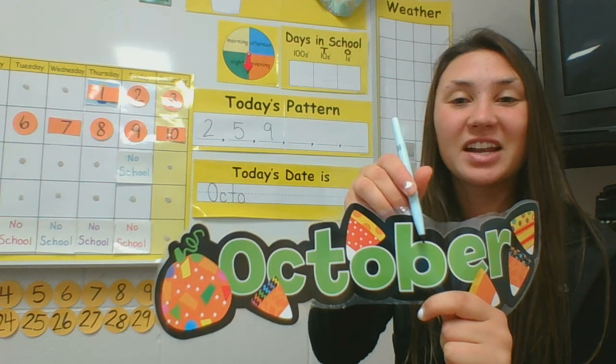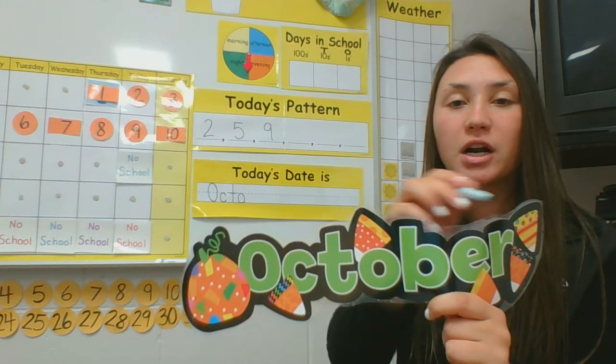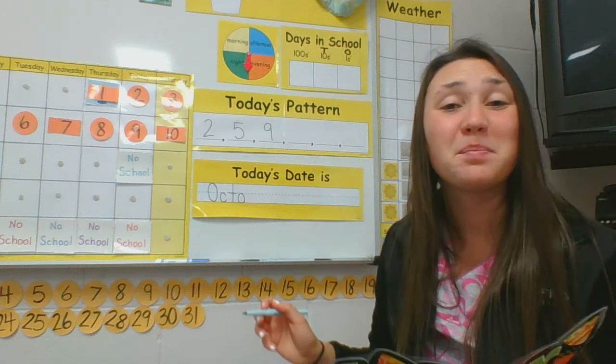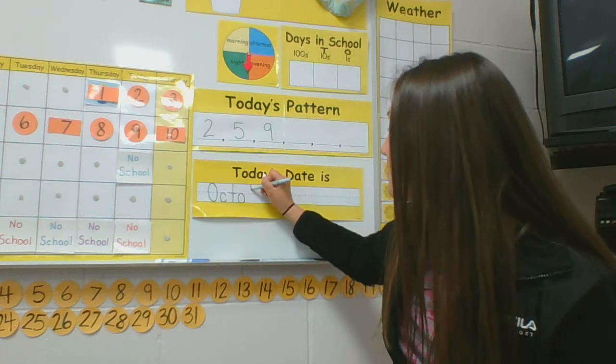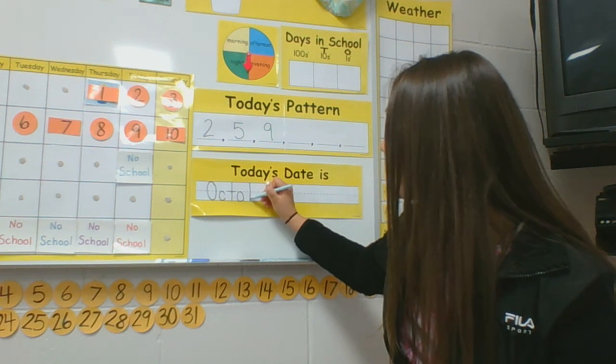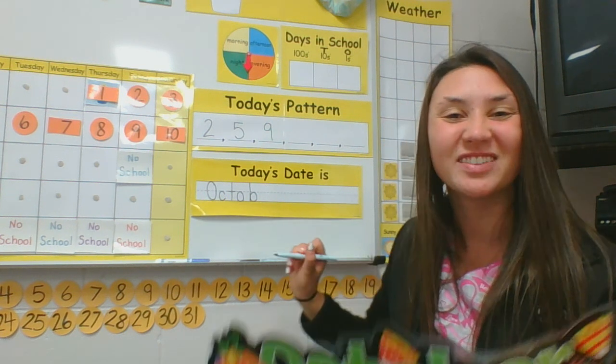Yeah, this letter makes the b sound, which is a B. October, October. So we can make a B now. And to make a B, you go top to bottom and give it a belly to the right, right? Belly to the right. Very good.